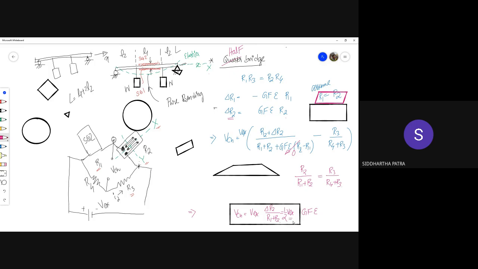The externally applied voltage, the gauge factor times the strain, and then this half. So if you compare this expression with the quarter bridge, okay, you see for the same externally applied voltage, the voltage change is twice as much sensitive to a given amount of strain as compared to a quarter bridge, so in case of half bridge, it is twice as much sensitive to strain.